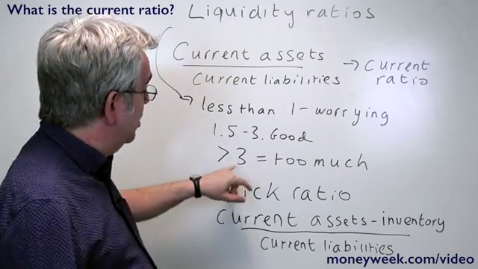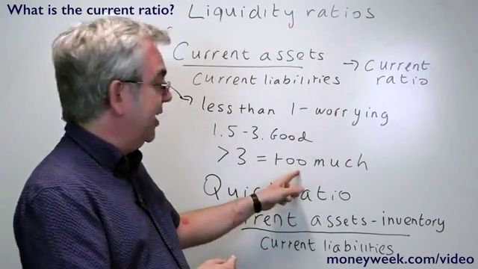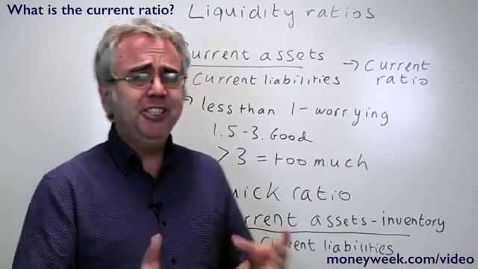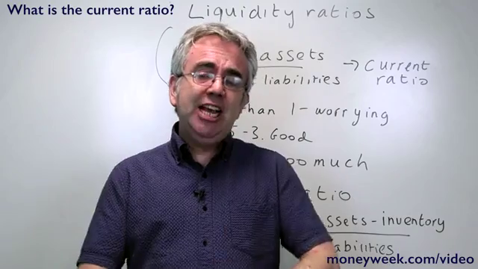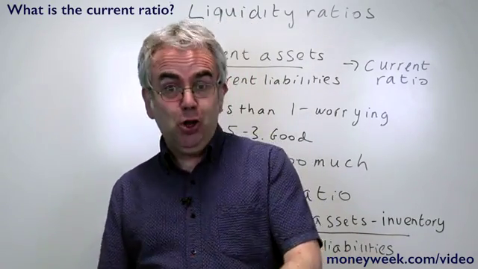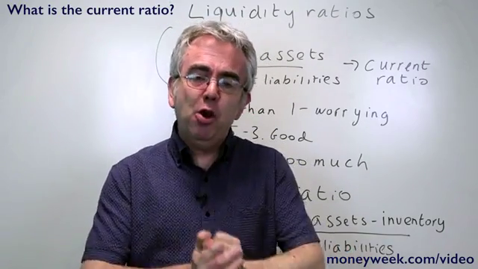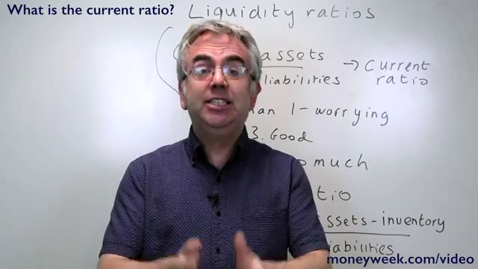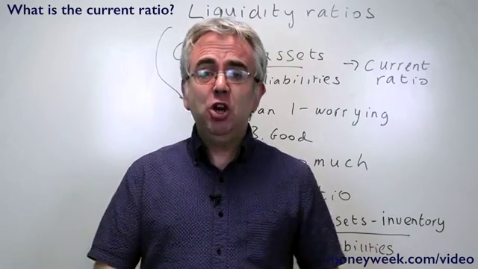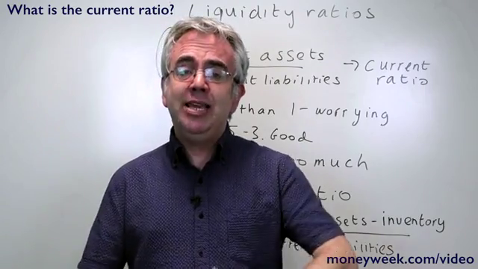And as a rule of thumb, if the current ratio is above 3, that's probably too much. It's not a disaster, but it just suggests that the company's got too much cash in the bank or too much stock in the stockroom, or potentially both. And that means it's not really sweating its assets for the shareholders. If it's got too much cash, it should invest that cash in the business to try and make it grow.